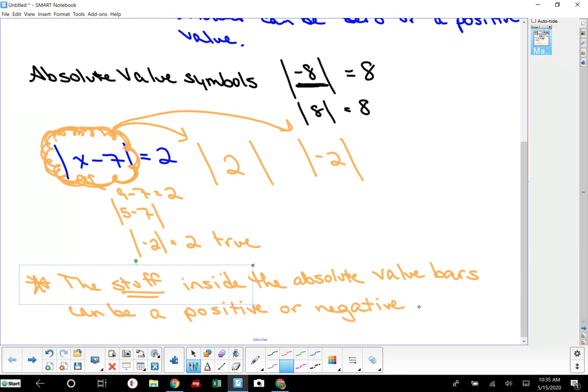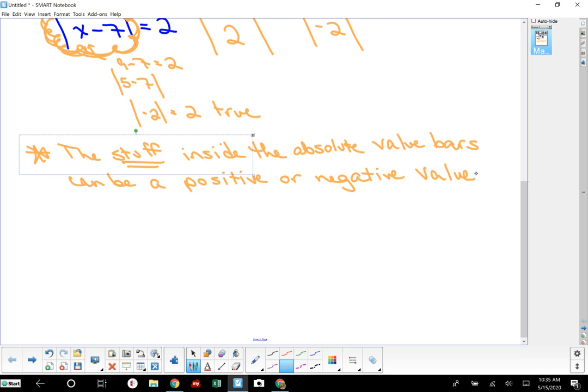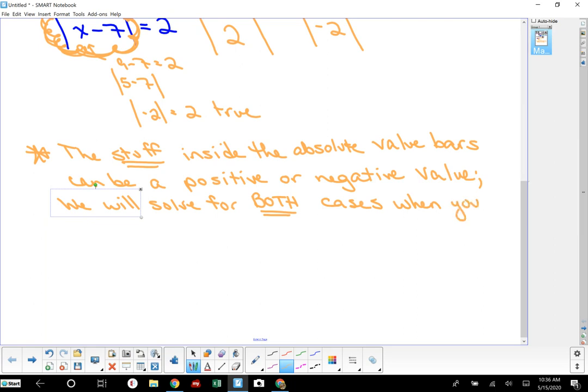And so we need to account for both of those when we solve a problem. So because of that, we will solve for both cases when you see absolute value bars in a problem.